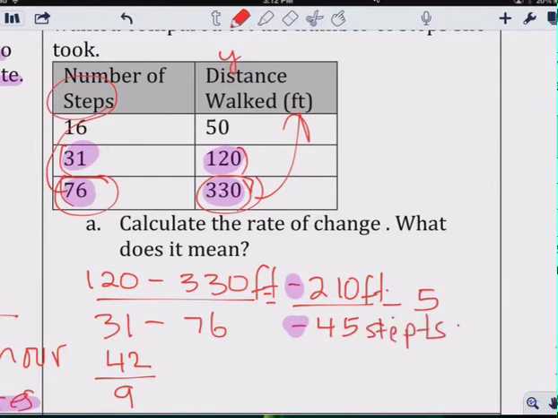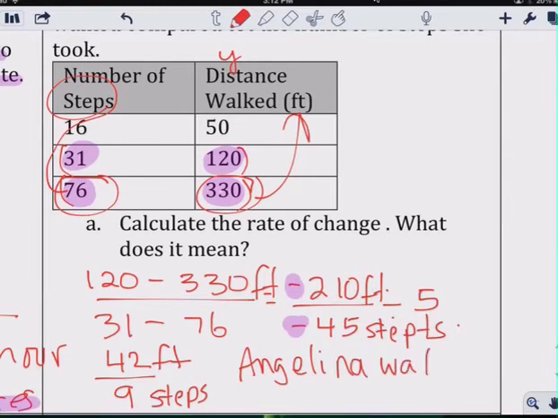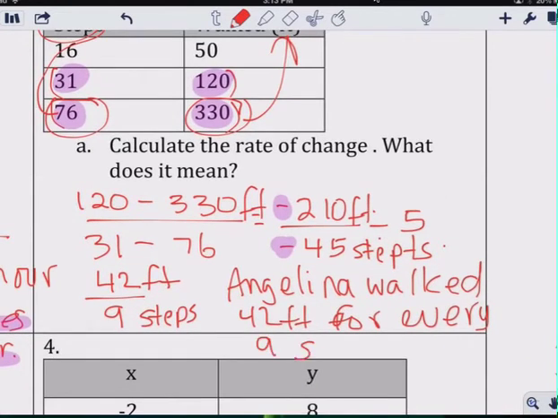So basically, Angelina walks 42 feet for every 9 steps. So Angelina walked 42 feet for every 9 steps. That's what it means.